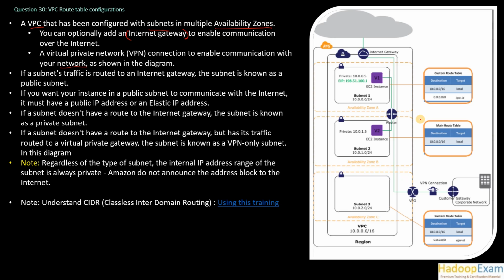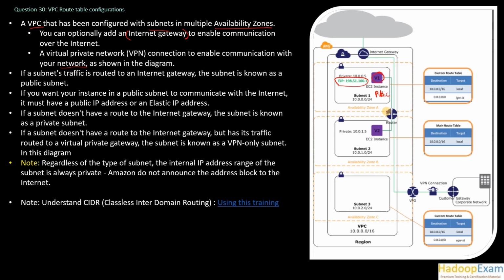If subnet traffic is routed to an internet gateway, the subnet is known as a public subnet. So this is your first subnet, which is routed to the internet gateway. So this is your public subnet, correct? If you want your instances in a public subnet to communicate with the internet, it must have a public IP address or elastic IP address, which is the case. So this V1 instance can communicate with the internet as well.